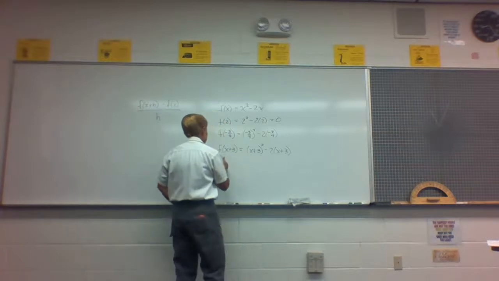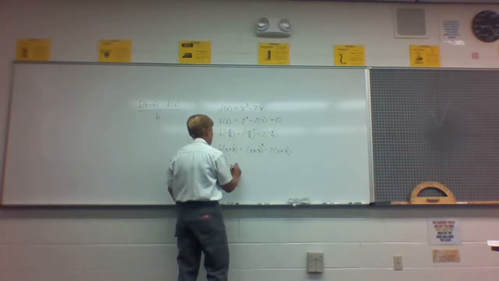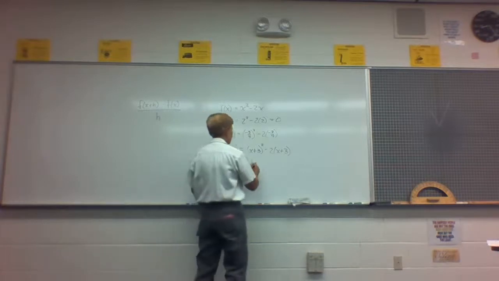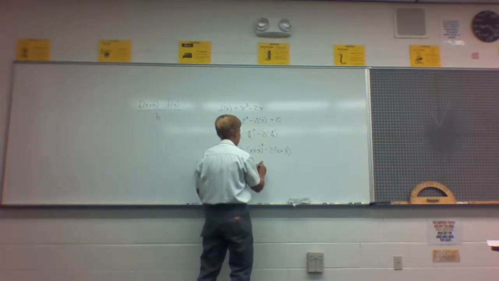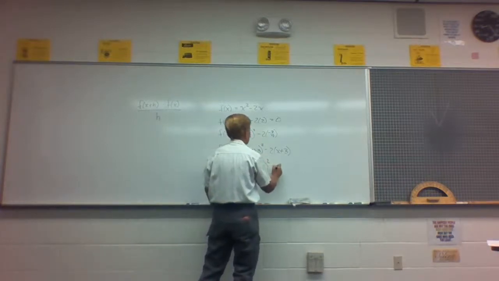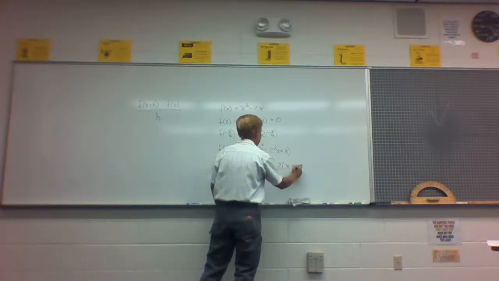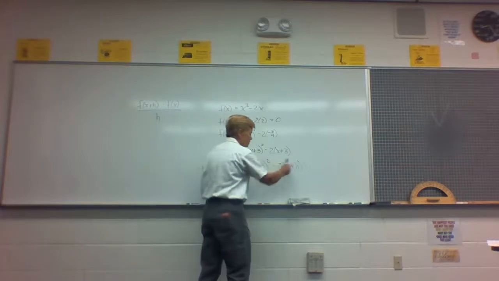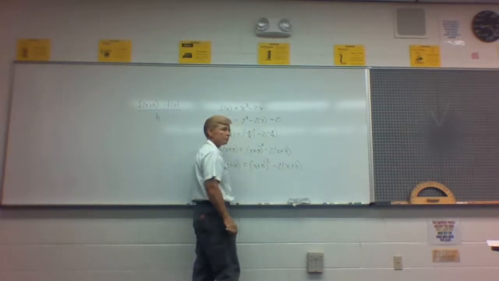Then how would you find f of x plus h? Plug it in, and you would get, in for this x, x plus h squared minus 2 times x plus h, and you would do the same thing to this that you did for this, but there's no numbers except for that 2. It's the same process.